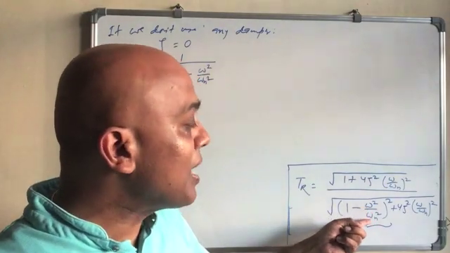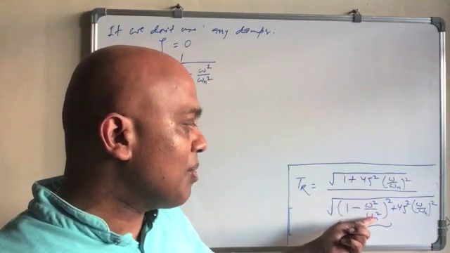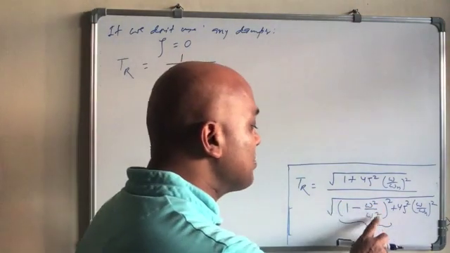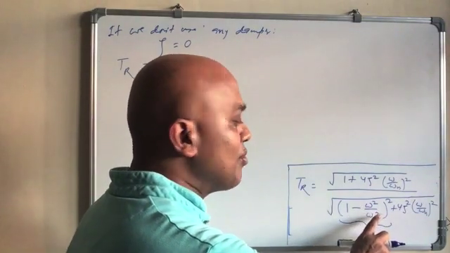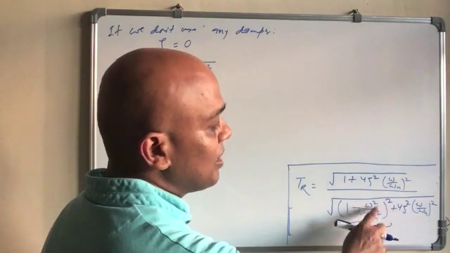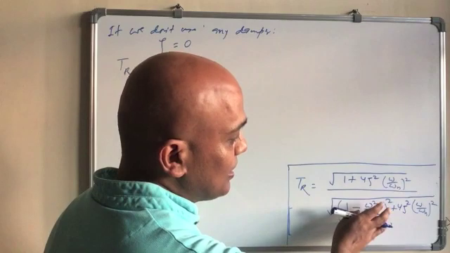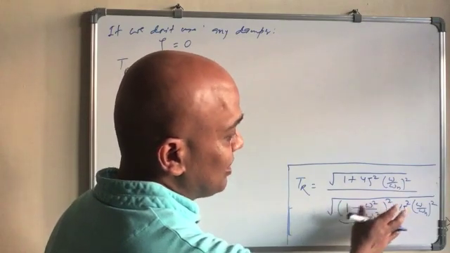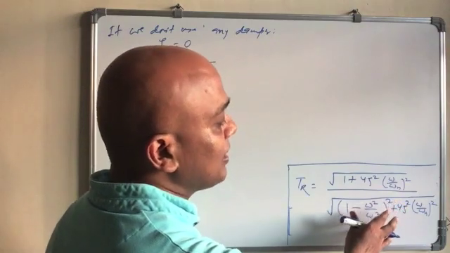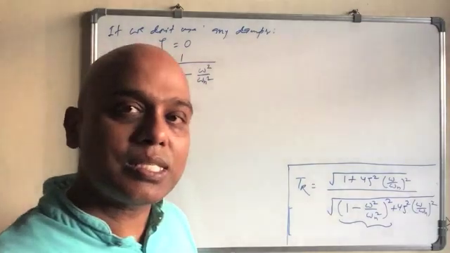Yeah? So if you have omega n very, very small, then what happens? omega over omega n will be a large value. We are looking for possibly much more than 1, and hence 1 minus a big number, which will be squared, and that is the term which appears here, and hence the denominator will be larger than the numerator, and hence this Tr value will be less than 1.